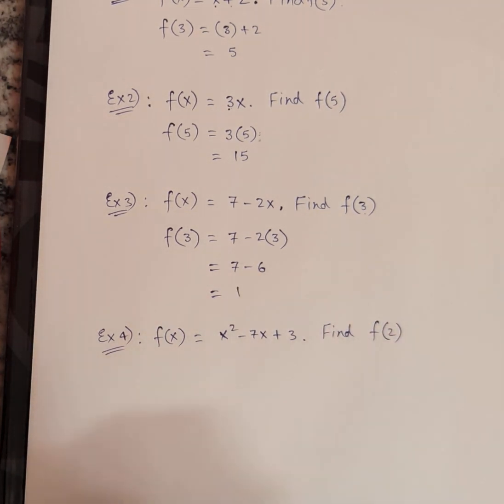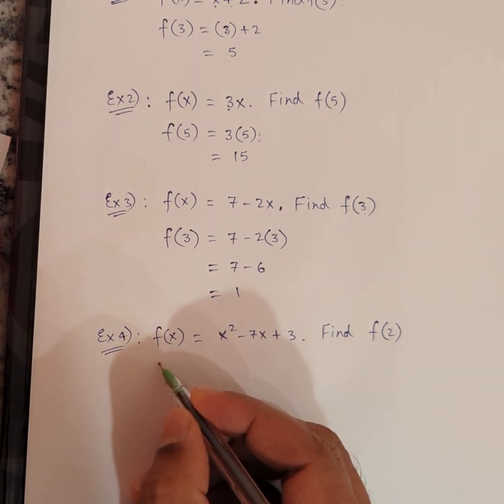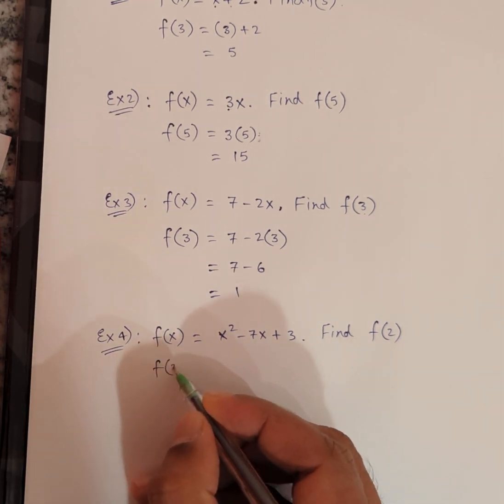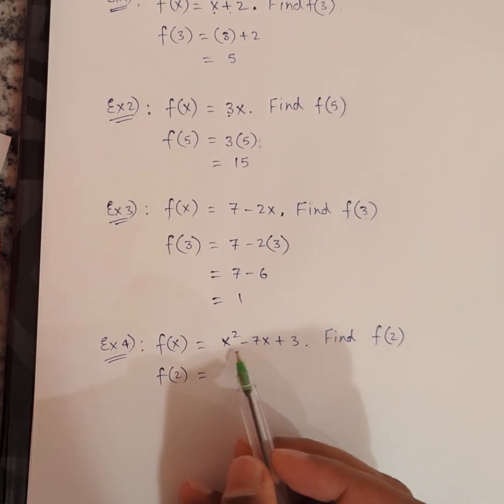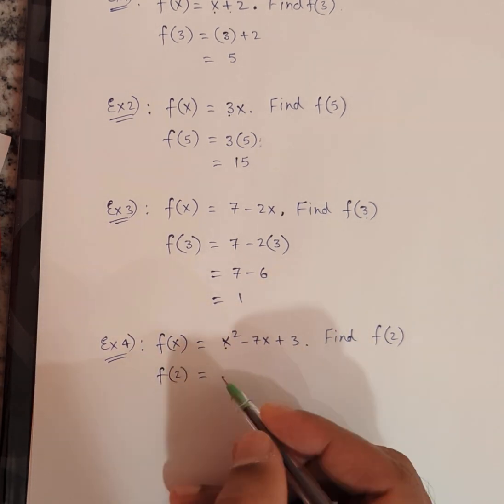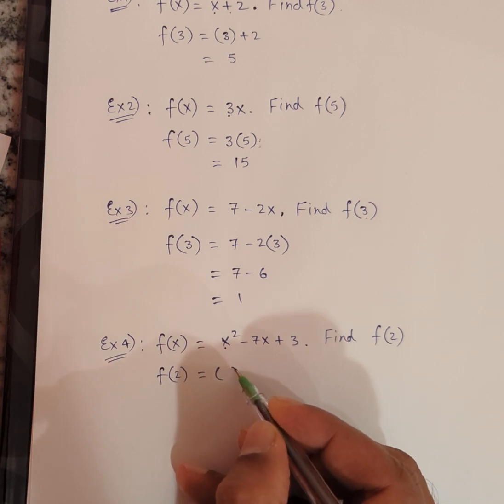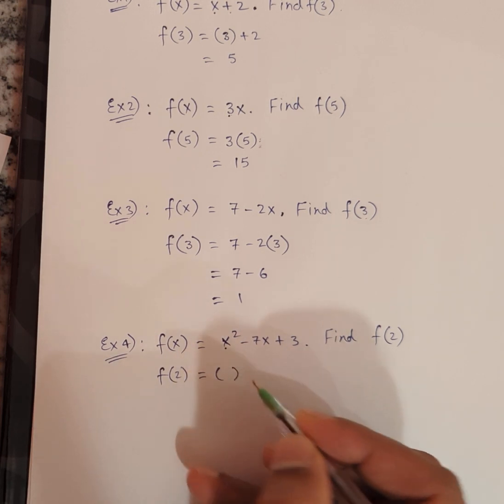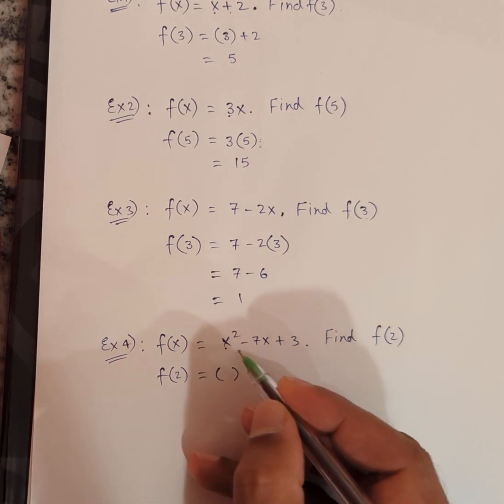Now, my recommendation would be to copy the function. So f of 2. So copy everything except the x part. X is the input. So wherever you see x, just replace it with a pair of parentheses. Just leave some gap inside the parentheses and copy the rest of the formula.